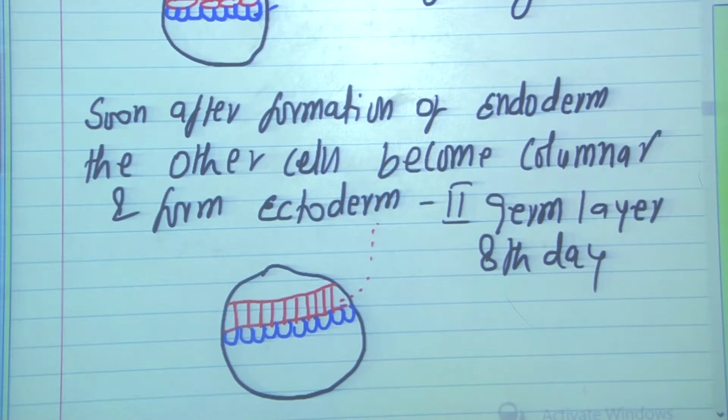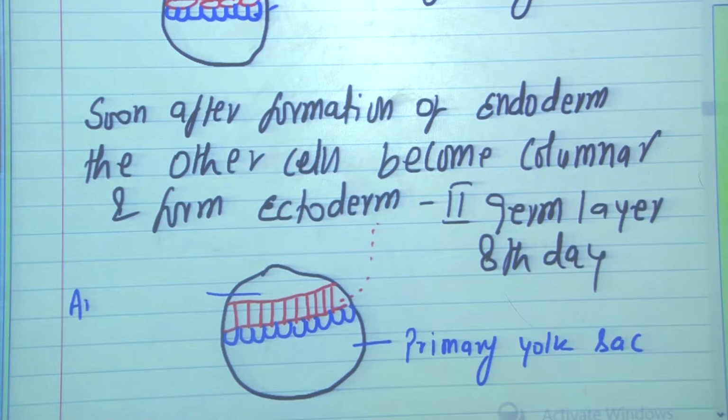So these two germ layers are formed in this manner, and now there are two cavities. This cavity is known as primary yolk sac, and this cavity is known as amniotic cavity.